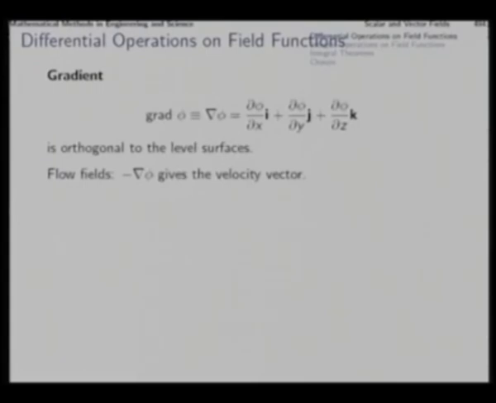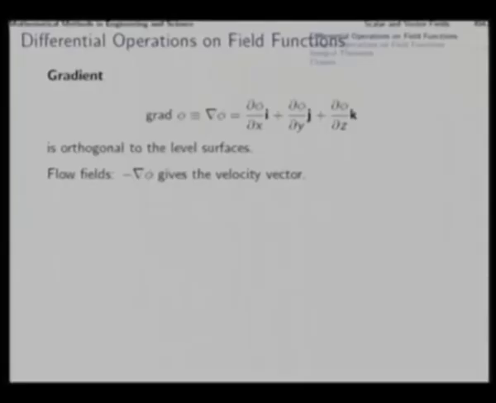Now, when you apply the first order differential operator del on a field function, a scalar field or vector field, you can develop three different notions of vector calculus. First is the gradient, which is the result when you apply the del operator on a scalar function, a potential function.